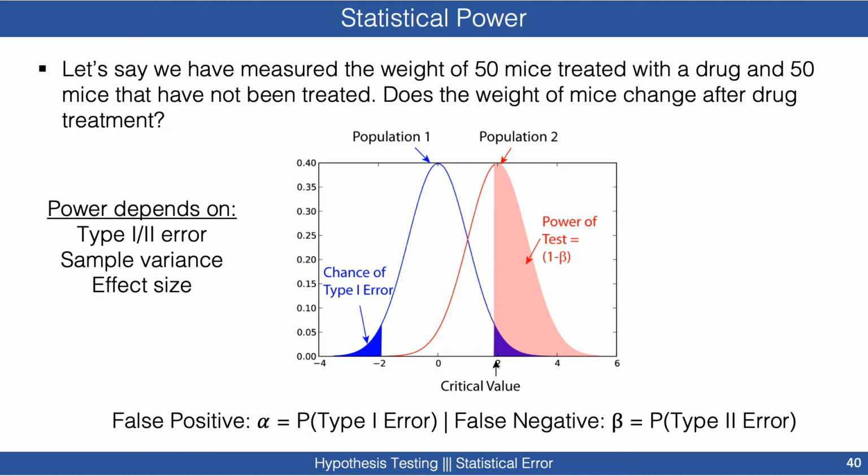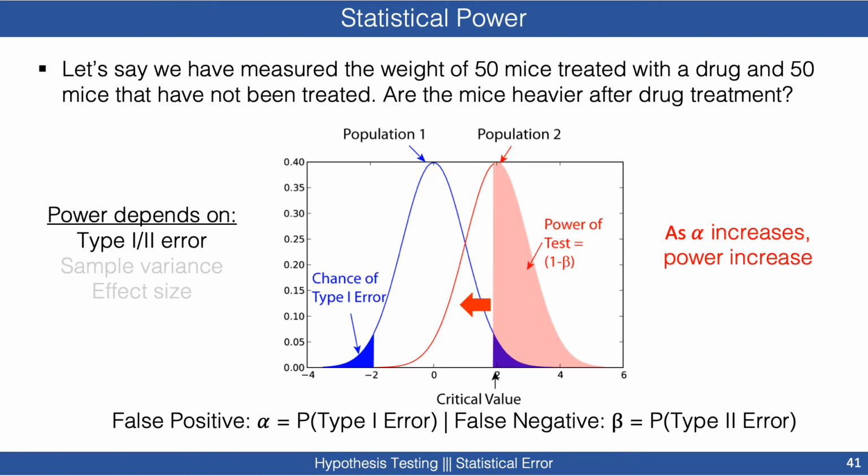On the other hand, the orange or the pink shading is all the values on your experiment that, if you obtain them, will actually lead to a rejection of the null hypothesis, and this is the power that you have for rejecting the null hypothesis. It is interesting that as the means get close to each other, your power decreases.